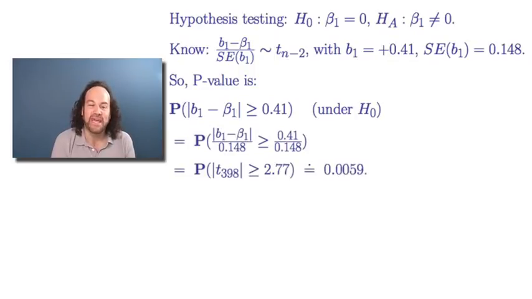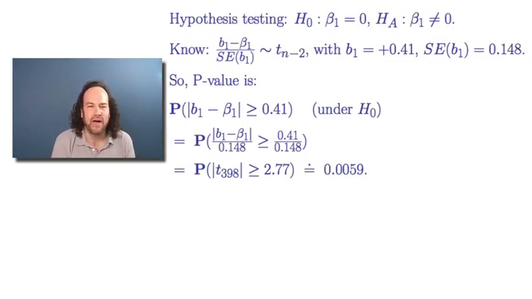And then we say, well, that left-hand side, that's now like the absolute value of a t-distribution with n minus 2, or 398 degrees of freedom. And the right-hand side works out to 2.77. And it turns out that the probability, according to the computer, that a t-distribution with 398 degrees of freedom will be bigger than or equal to 2.77 in absolute value is about 0.0059.